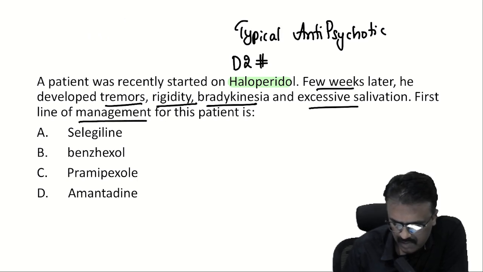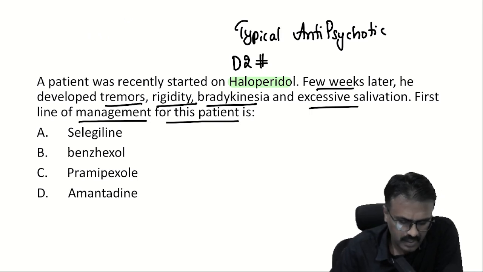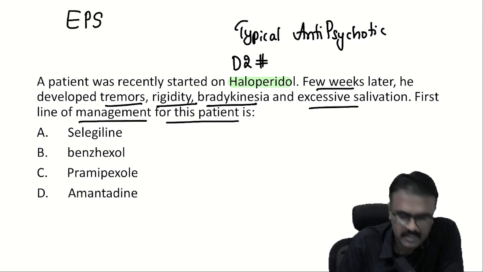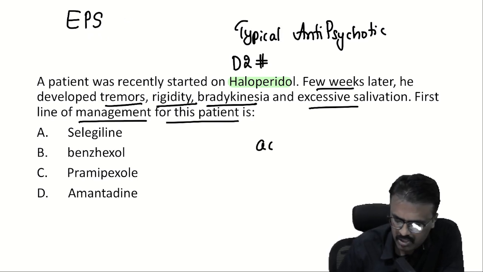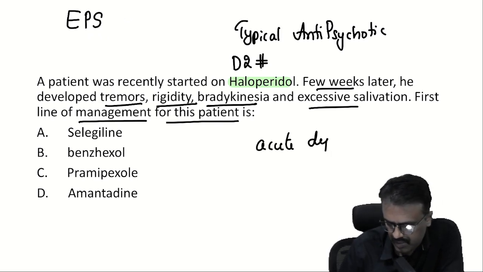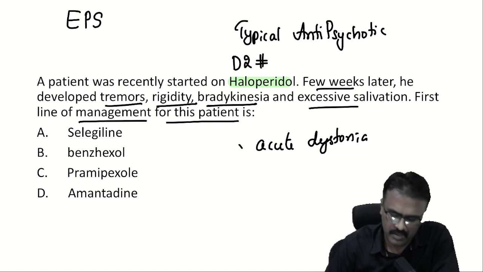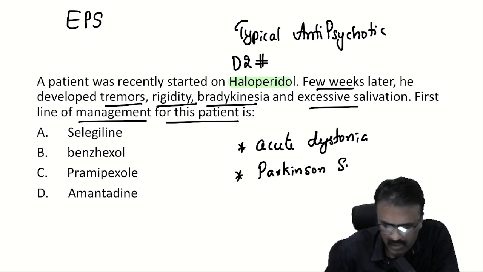First line of management for this patient is, now whenever we give a typical antipsychotic, there is a chance of extrapyramidal symptoms, EPS. The first one that happens is acute dystonia. The neck will turn suddenly to one side, or there may be uprolling of eyeballs. Suppose we give the same drug to the elderly, they may develop Parkinson-like symptoms. So that is what the question is testing.